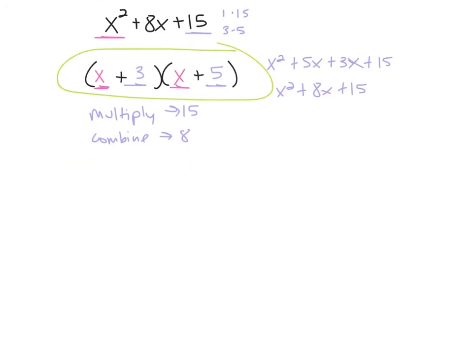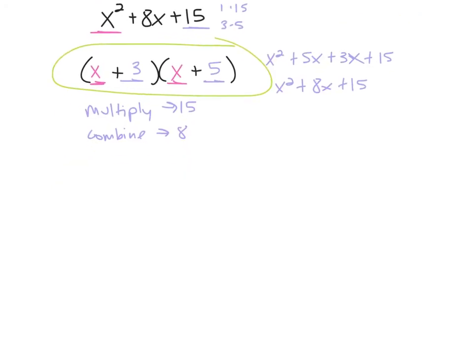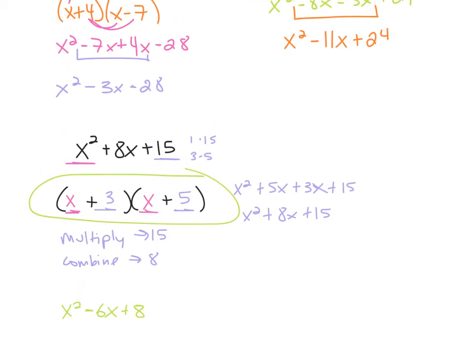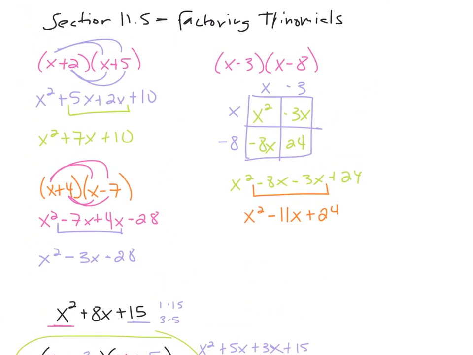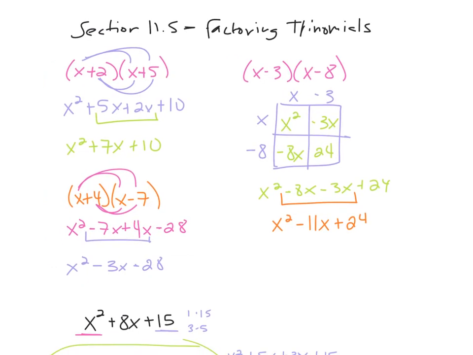Okay, our next example we're going to look at here is x squared minus 6x plus 8. Okay, so now we are looking back at this example here, where our two binomials had two minus signs, and then in our trinomial, when they were multiplied, I had a minus first and a plus second.